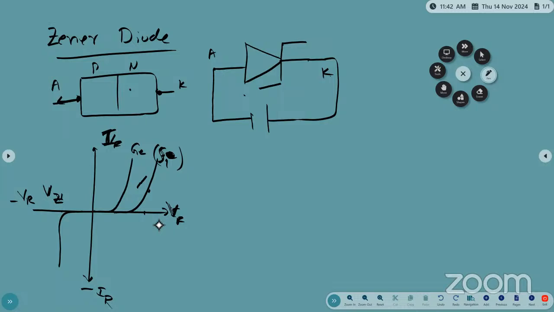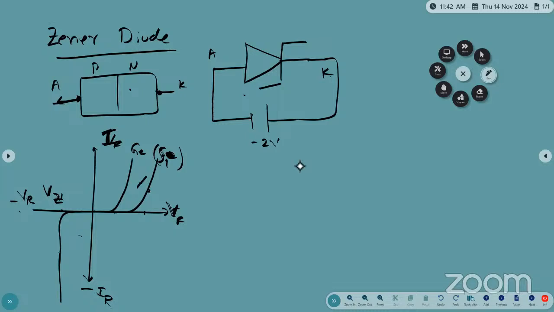If you increase the reverse voltage to a certain voltage, the voltage across the Zener diode is constant and the current increases. For example, if you apply 0.2 volt reverse, the voltage across the Zener diode is 0.2 volt.